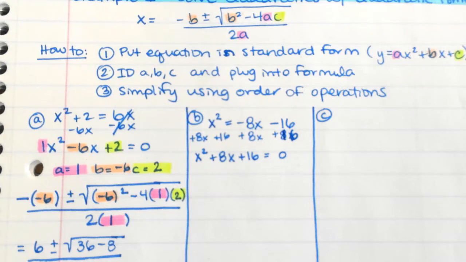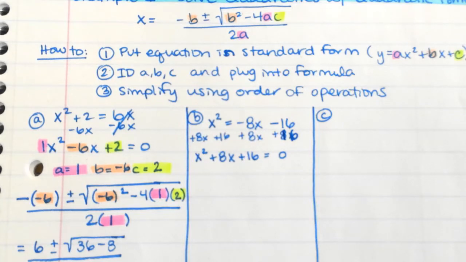What is root 0? 0. What number times itself gives you 0? 0.